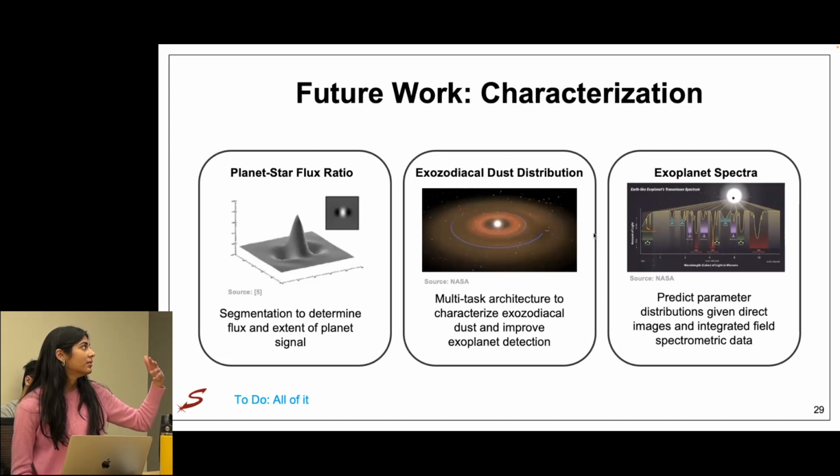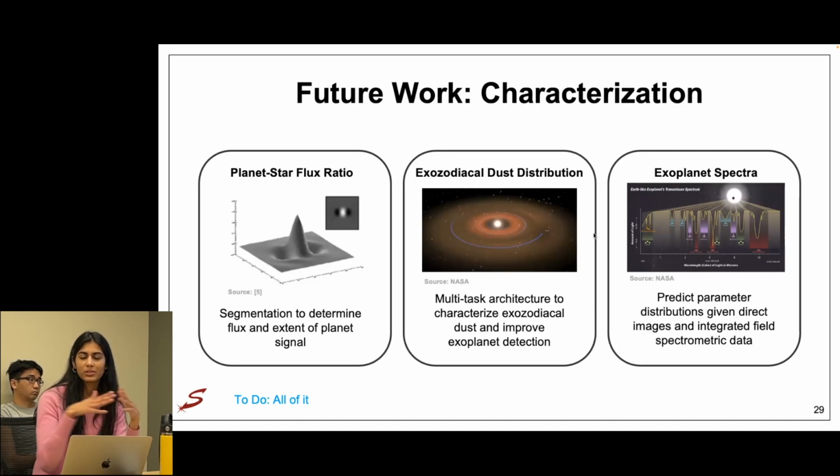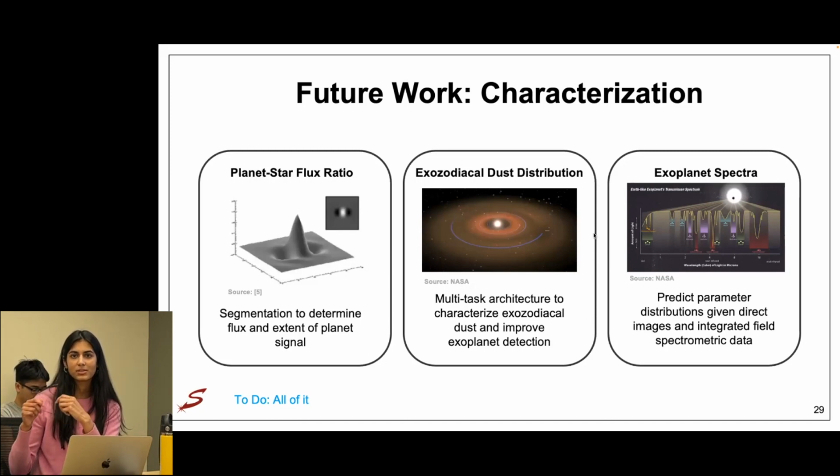The simplest way is, with the exoplanet detections, to also detect the exoplanet-star flux ratio. And we can use segmentation to determine the flux and extent of that planet signal. So this is transitioning from treating the planets as point sources to extended sources and quantifying the spread in the images.